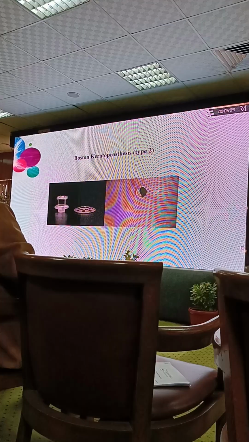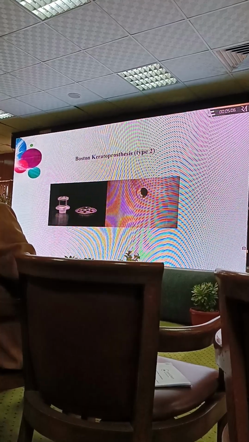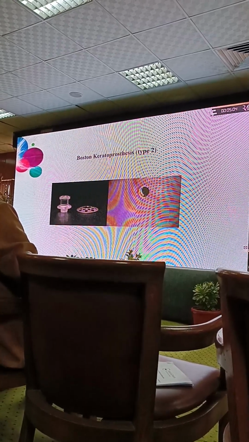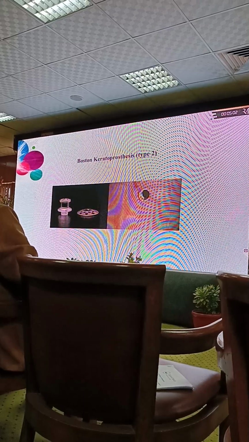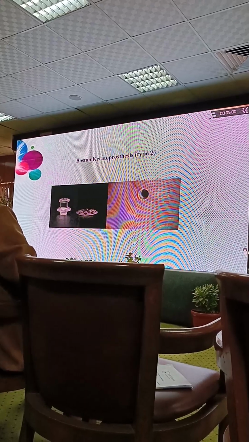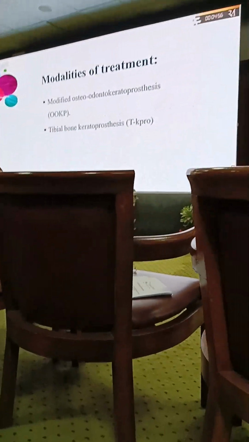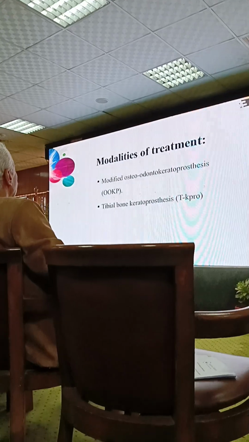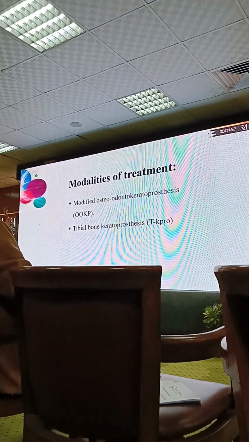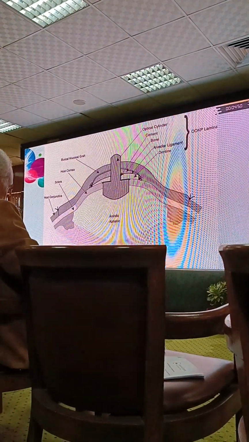This was not successful and the results were not encouraging. The long-term survival of this type of keratoprosthesis was not good. So we are left with the two modalities, which are the modified osteo-odonto keratoprosthesis or the tibial bone keratoprosthesis.